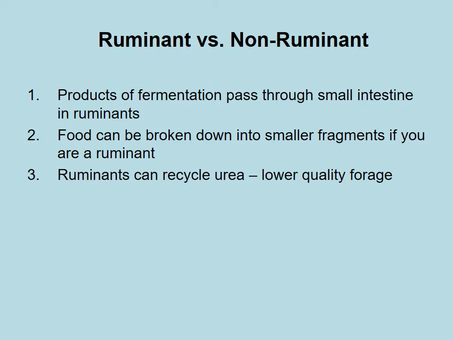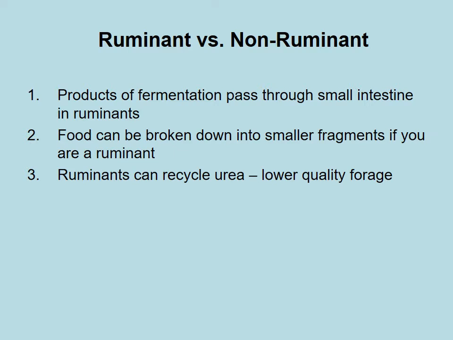Importantly, a ruminant can, as many of you know, re-chew its food. It can regurgitate and chew what we call packages of cud, and then swallow these again. This allows the ruminant to make the fragments of its plant material smaller, increasing the surface area to volume ratio that the microorganisms are able to act on. So it's able to get more out of its food, basically.